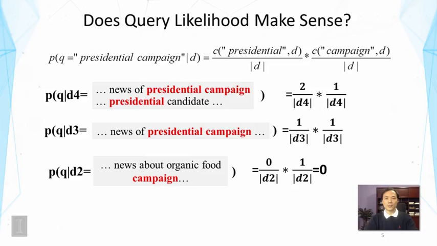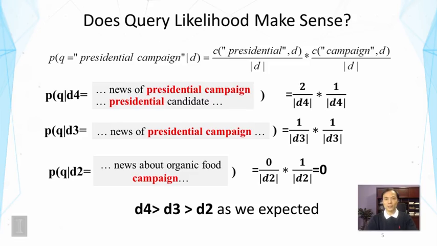Now, if you look at these numbers or these formulas for scoring all these documents, it seems to make sense, because if we assume D3 and D4 have about the same length, then it looks like we're going to rank D4 above D3, which is above D2, right?